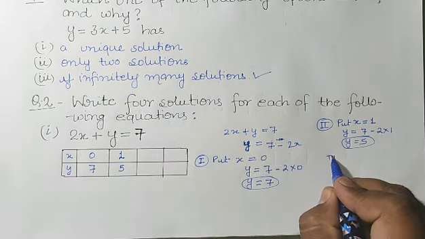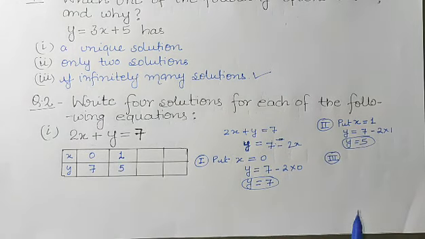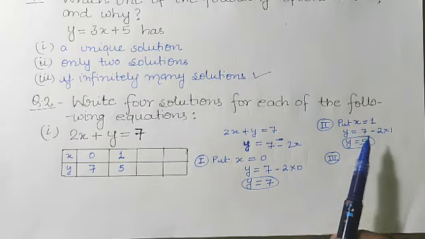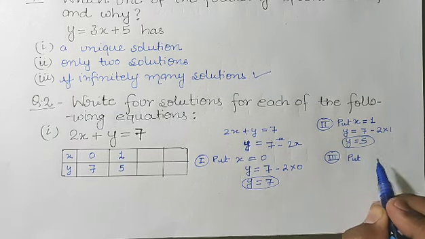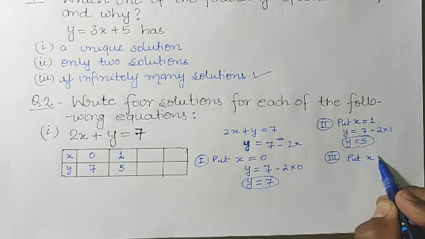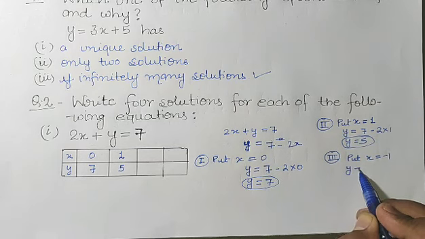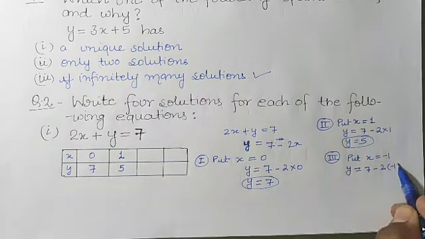Third solution, a very easy type of question it is, students. You can put any value of x, and for that value of x you will get the value of y. So again I'm going to put the value of x as minus 1. y is equal to 7 minus 2 into minus 1.